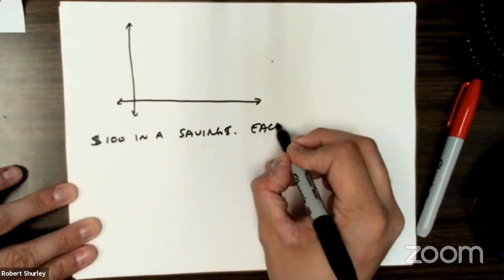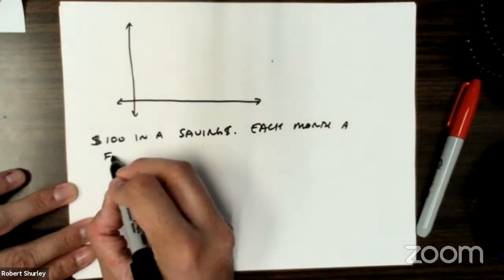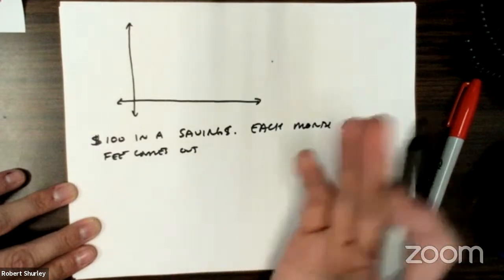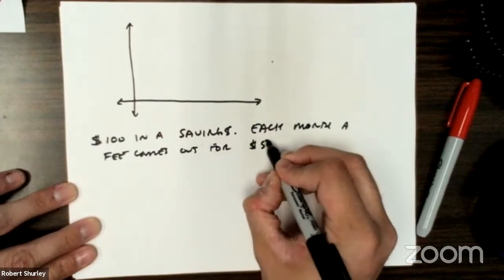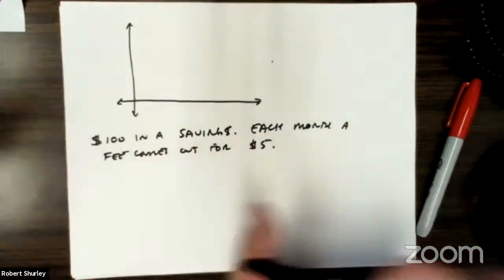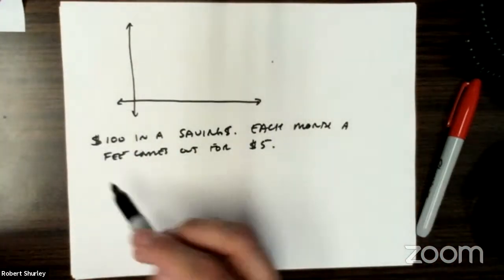And each month, a fee of $5 is taken out of that account. Let's say we don't add any more money to our savings. Let's model this example.